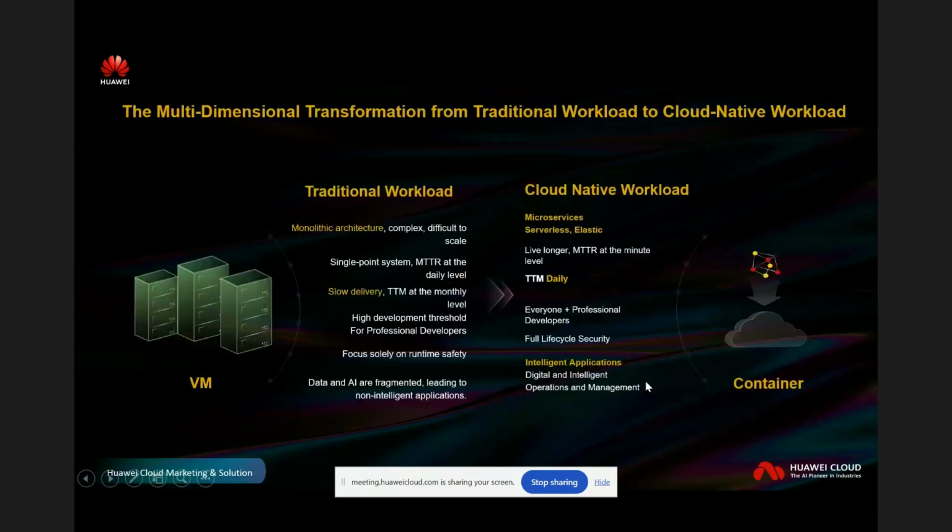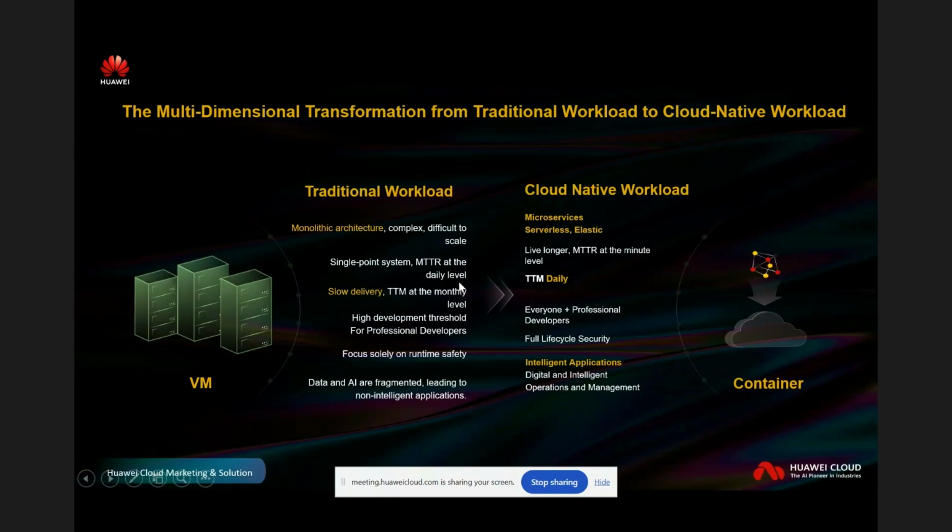Okay, so you can see here the difference between traditional workloads, like virtual machines or on premises, versus containers. In traditional workloads, you have a monolithic architecture, which is complex, with a single point of failure, so everything can fail basically.